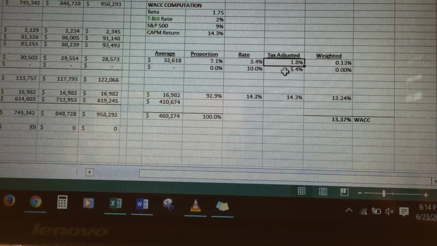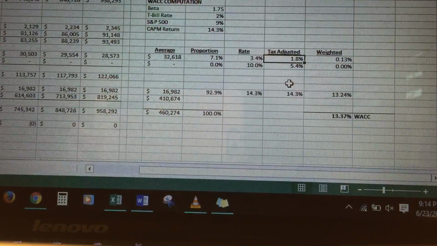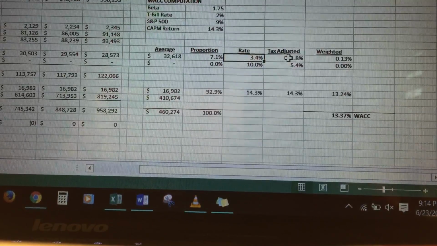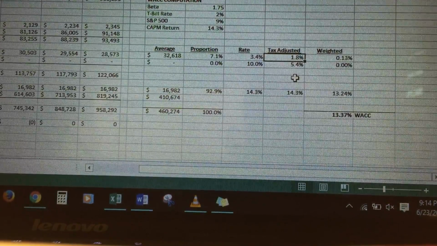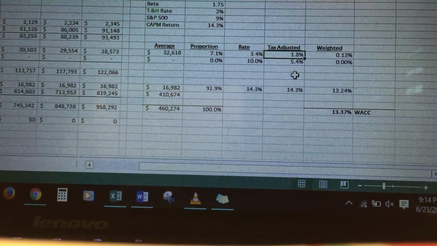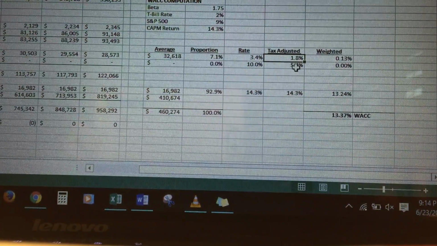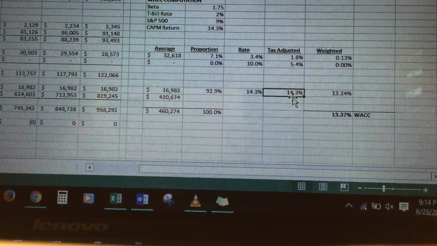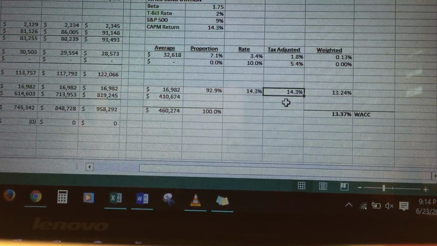Then the tax adjusted number we got by taking this rate amount times 1 minus the average income tax rate, which was about 46%. We did that for each individual item as well, except the CAPM rate just stays the same for the common stock and retained earnings.